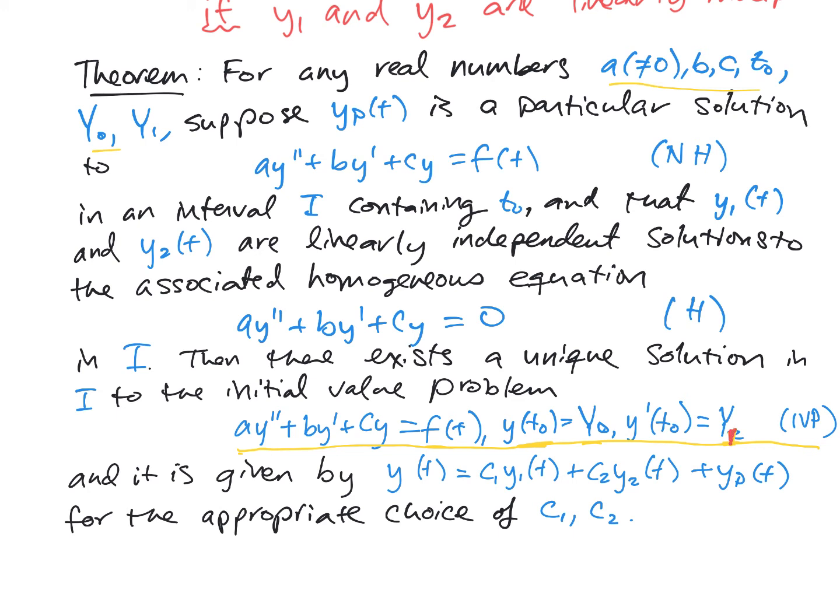So if you have an initial value problem, then the way that you find a solution is by considering first the non-homogeneous equation. So that's what NH stands for. And suppose that you have a particular solution to the non-homogeneous one.